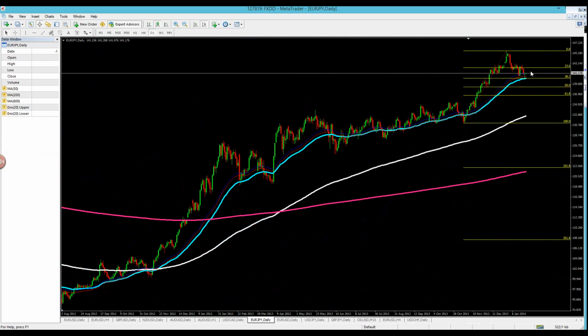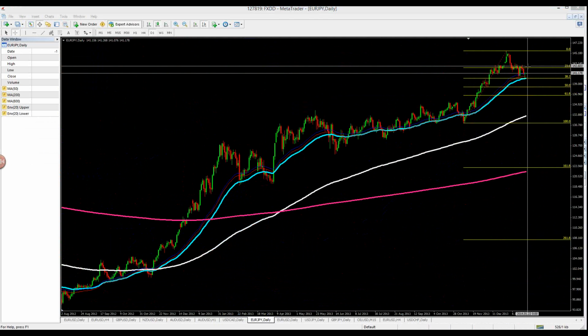Euro yen also in a consolidation here. We've actually gotten back down to retest that 50 EMA here on the euro yen. And we can basically look in this consolidation, 1, 2, 3, 4, 5, 6 bars in here, we can look for a price move up again. So I've got a buy bias from the euro yen at least up to 142.50.